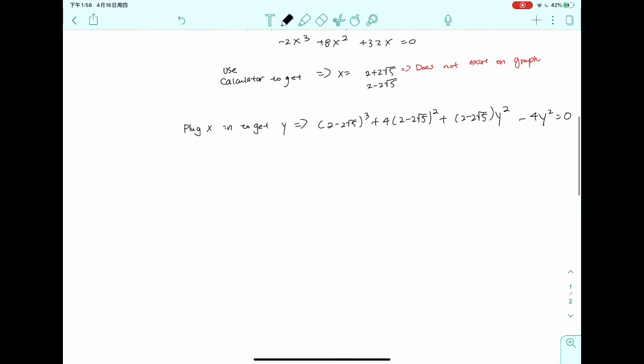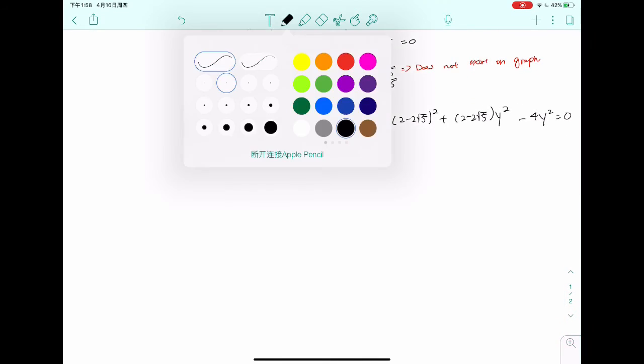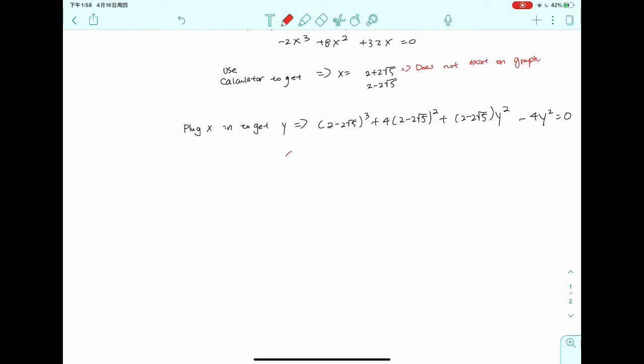We can see that now I have wrote out the plugged-in equation, but this part was too complicated, so I used Wolfram Alpha to help me calculate my answer.